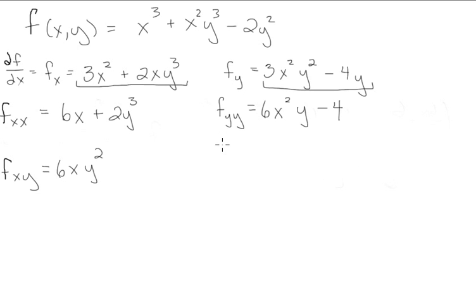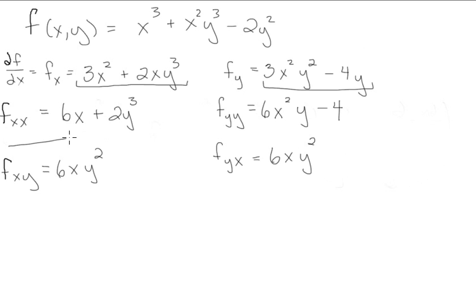If I do the cross partial in the opposite order, I take the derivative with respect to y first, and then I take the derivative of that with respect to x. Well, this first term with respect to x, my y is a constant with respect to x, so I just need to bring the 2 down. I get 6x times y squared, and the derivative of the second term with respect to x is 0.